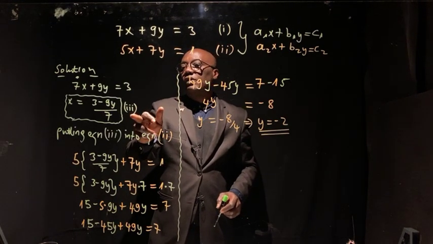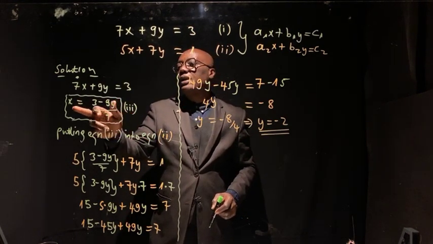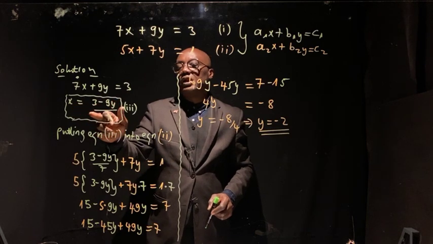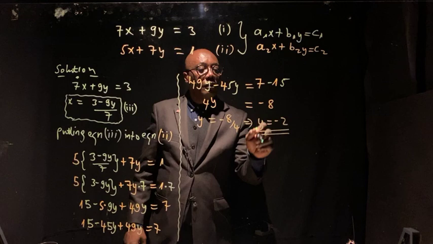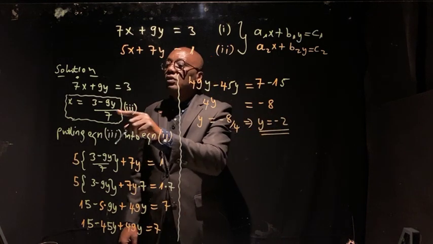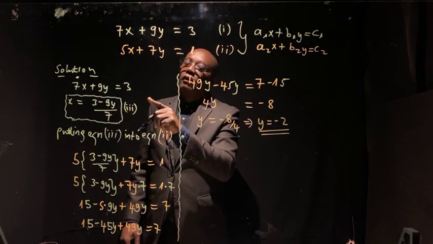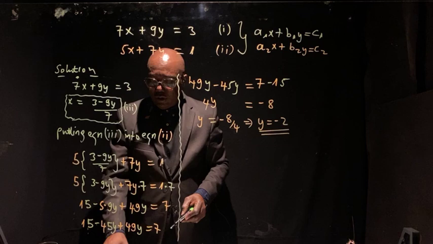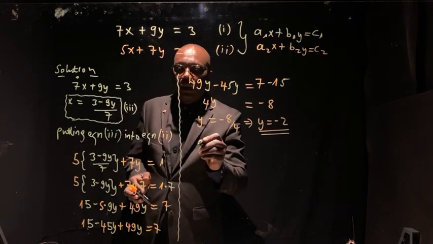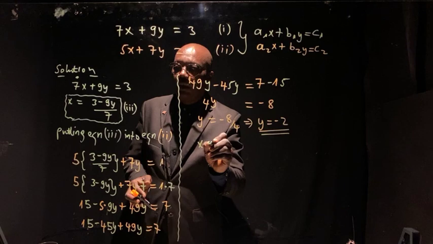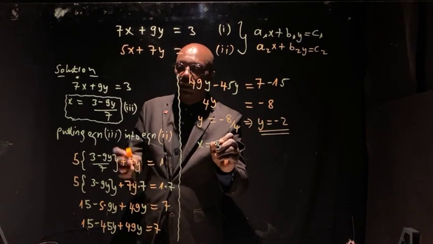In equation 3, you already have x as the subject, and you have y on the right hand side. You can put this y there, and you can straight away find the x value without wasting time. In that case, you have x equal 3.